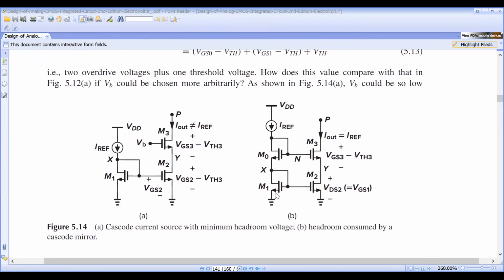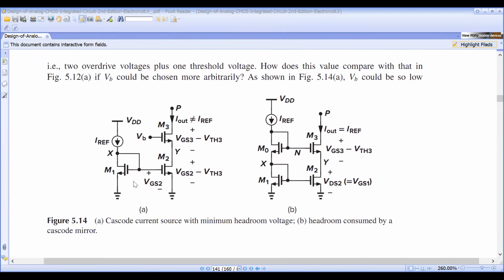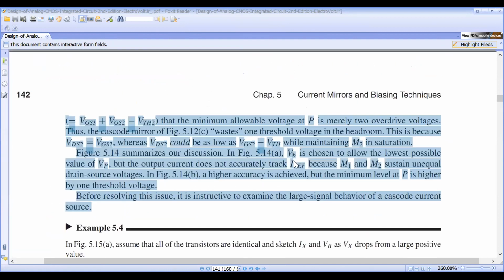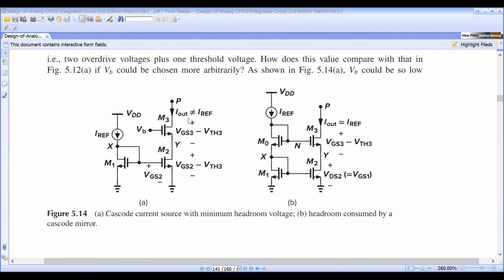This is the cascode current mirror with minimum headroom, and this is the headroom consumed by the cascode mirror. Earlier I out and I reference were not equal. Now both are equal because of this VP and this VY. This VX should be equal to VY, and the VY should be constant. So for that we made all the arrangements here. The arrangement is that VDS2 should be equal to VGS1.